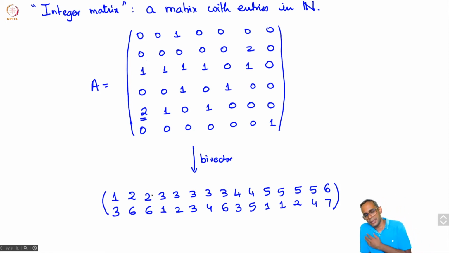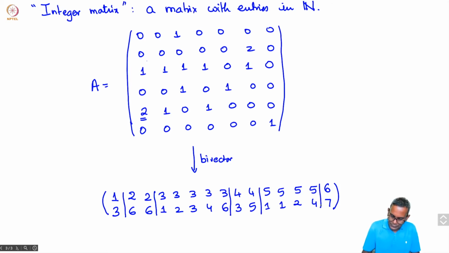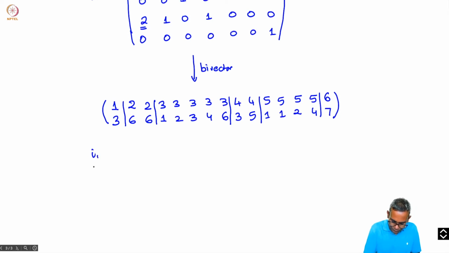Another interesting feature of this bivector is that the first row is weakly increasing because we were reading the matrix along rows. But if you look at the sections of the bivector where the first row is constant, then the second row is weakly increasing in each such segment. So this bivector is a sequence of the form I1 J1, I2 J2, and so on, where I1 is less than or equal to I2, less than or equal to I3, and so on.